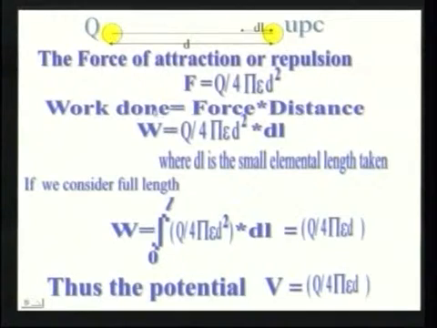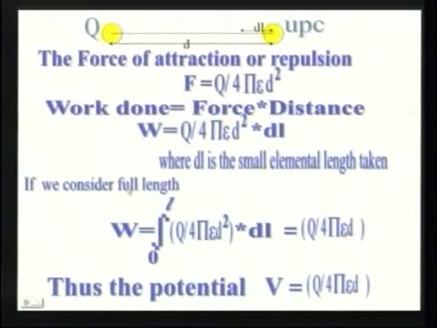The work done is equal to force into distance, where W equal to q by 4 pi epsilon d square into dl, where dl is the small elemental length taken.